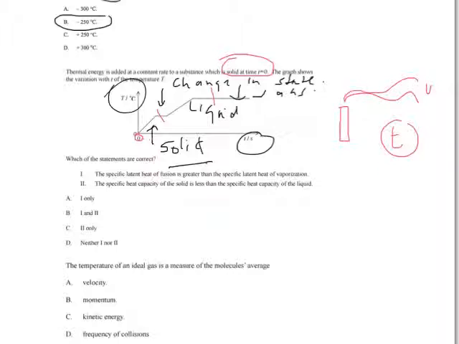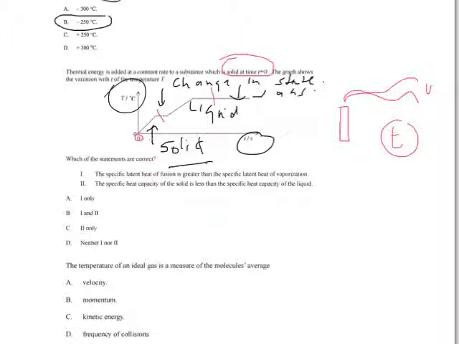So, I'm going to this one first, the specific latent heat of fusion. Fusion is from solid to liquid. The time that that takes place for is really short, so you don't need much energy. And then the second part is the specific latent heat of vaporization. That's up here. Time is much longer, so therefore this needs way more energy.